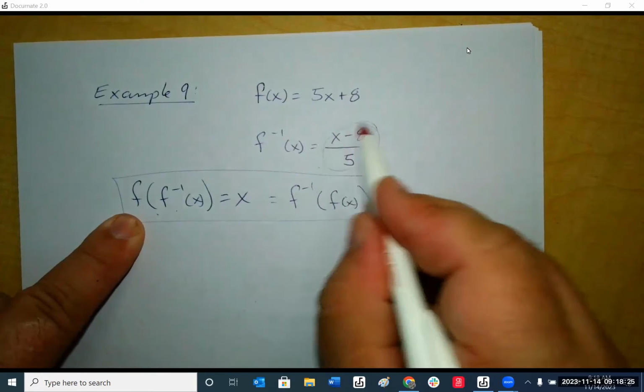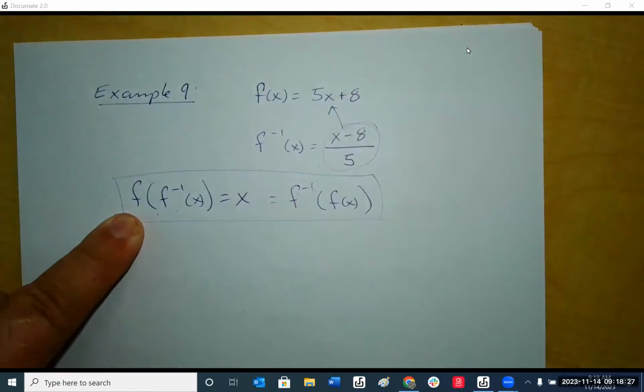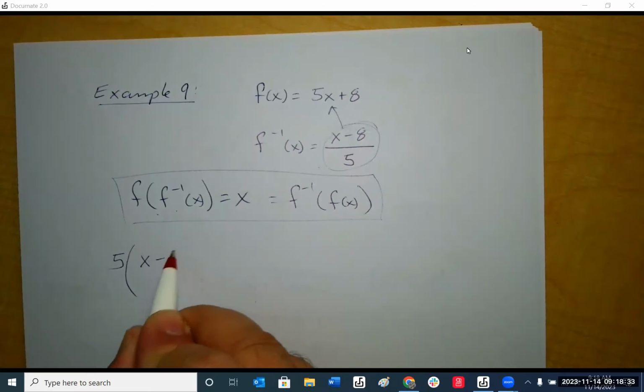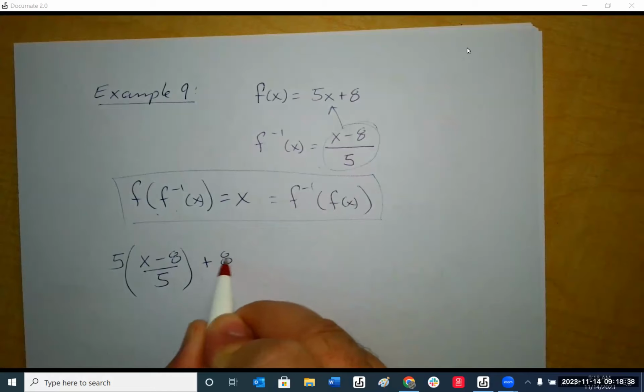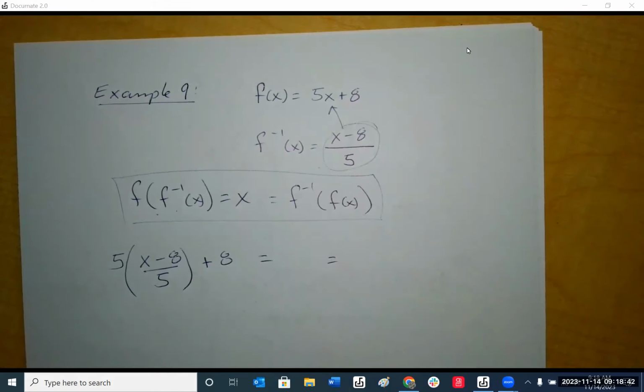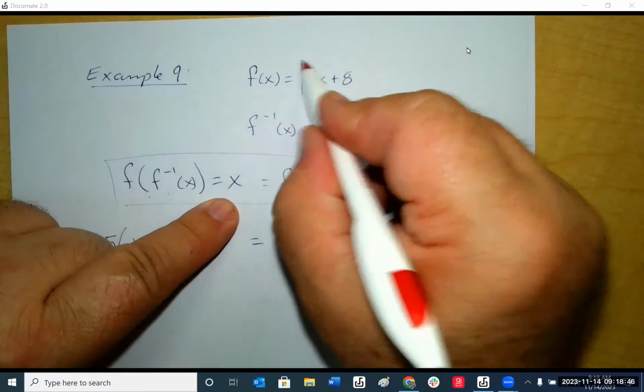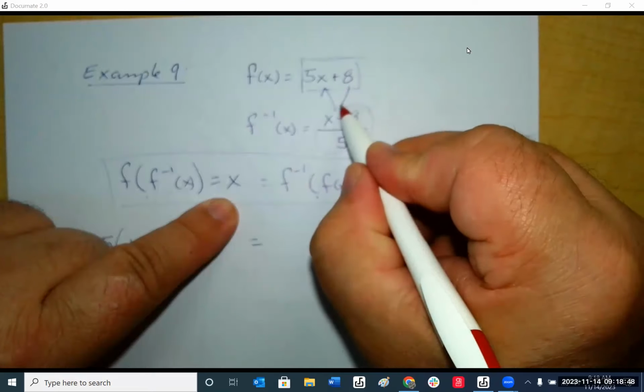So I take this equation, plug it in place of x, plus 8. And on this other side, I take the inside function and plug it anywhere I see an x.